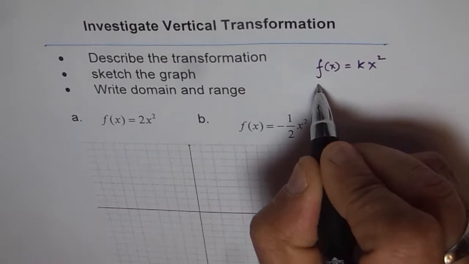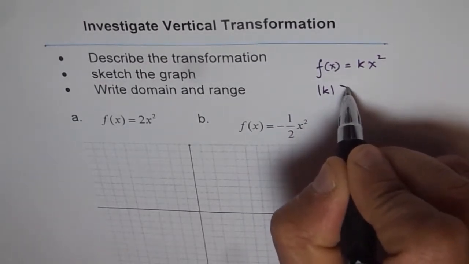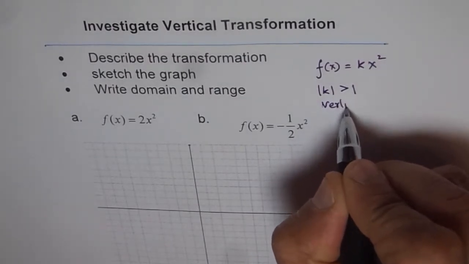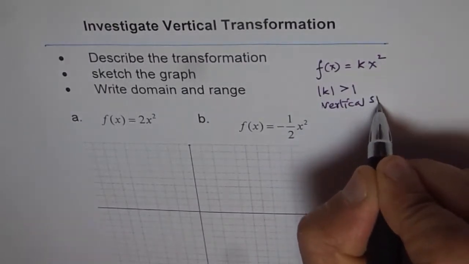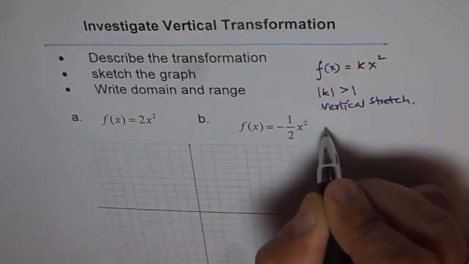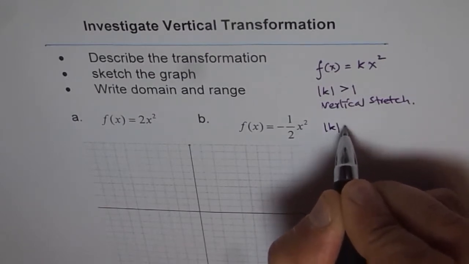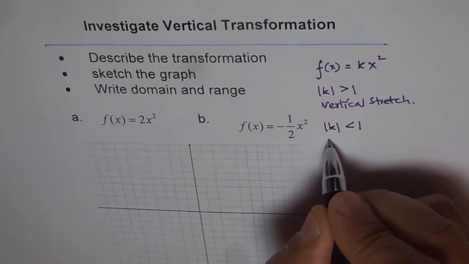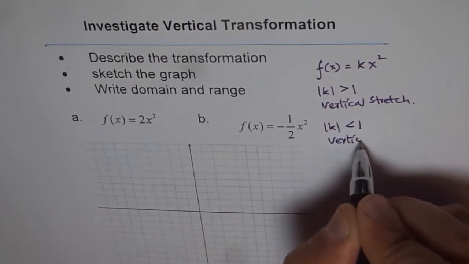And if the magnitude of k is greater than 1, then it is vertical stretch. But if the magnitude of k, absolute value, is less than 1, in that case it is vertical compression.